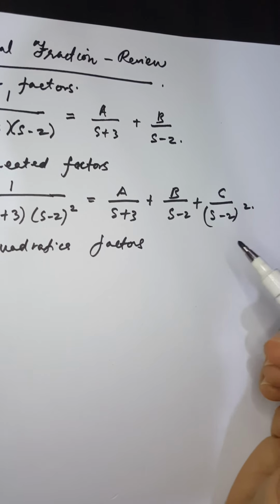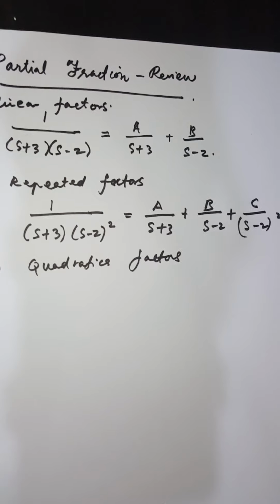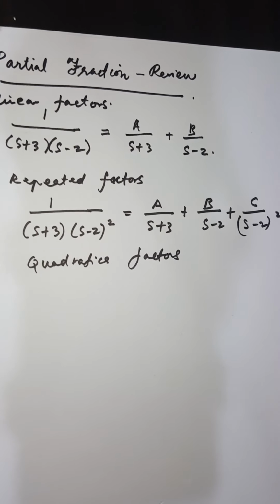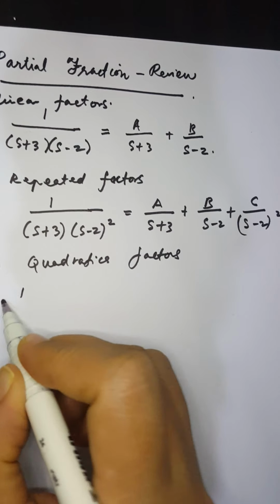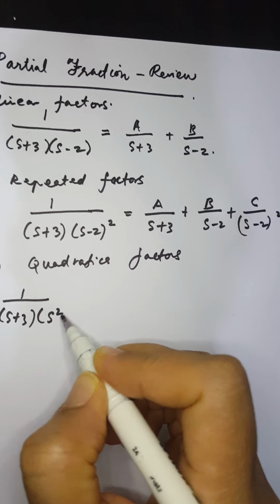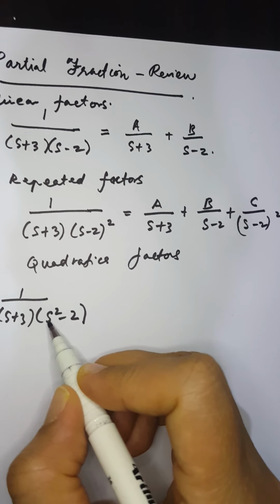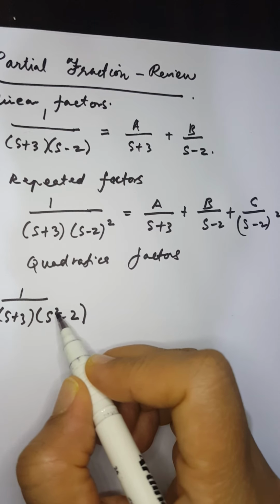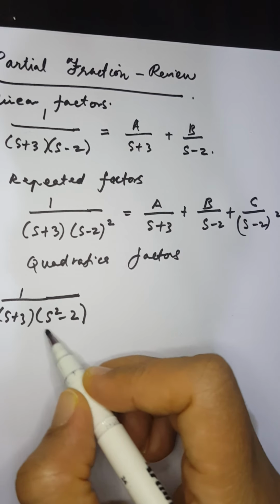So quadratic factors, for example, if we have 1 over s plus 3, and then we have quadratic kind of functions. See, the s is power 2, s squared, so this is quadratic.